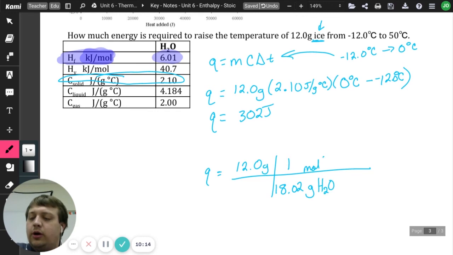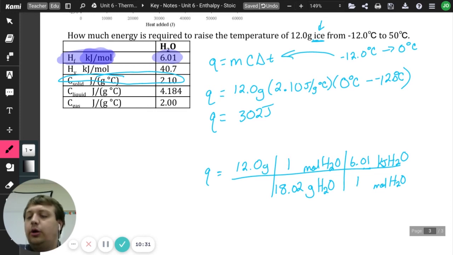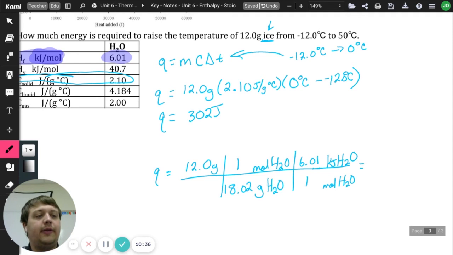Then we convert from moles of H2O into kilojoules of H2O using that conversion, so I have 6.01 kilojoules per 1 mole. I plug that into my calculator, and I will find I have 4.00 kilojoules.